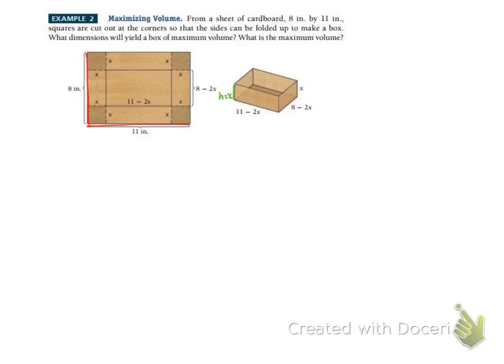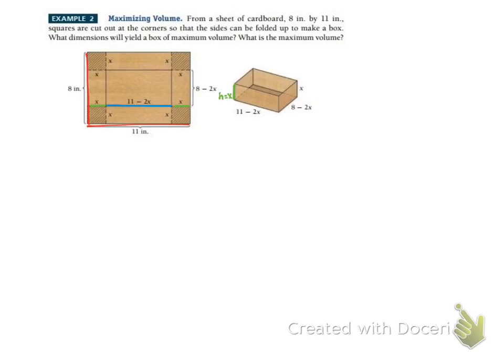Well, to find the length of the box, it's just going to be this section right here. That section is just the total length, 11, minus an x from the left side and minus an x from the right side. So the total length will be 11 minus 2x.